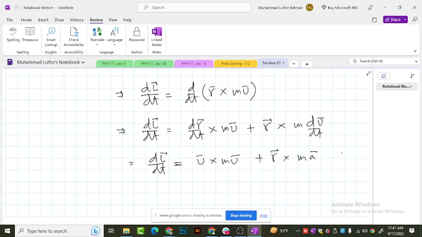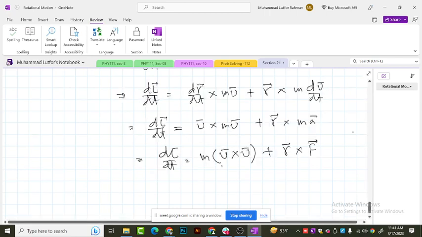Now I can factor out m. M is a scalar quantity, so v cross p plus r cross m a, basically the force, right? Now what will v cross v give you?